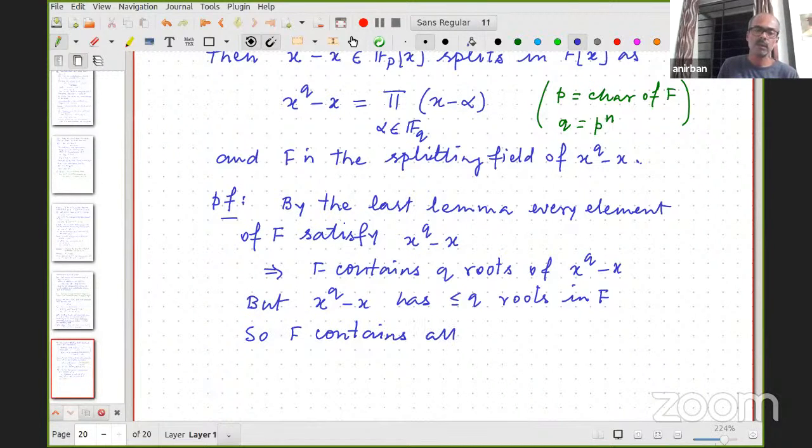In fact, even more, F is the set of all the roots.